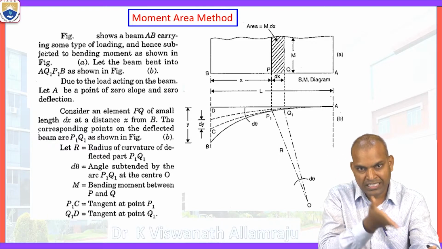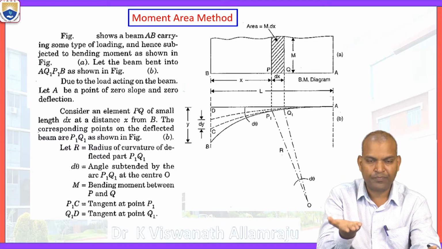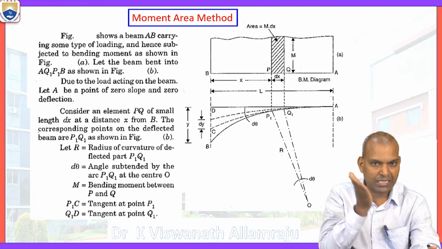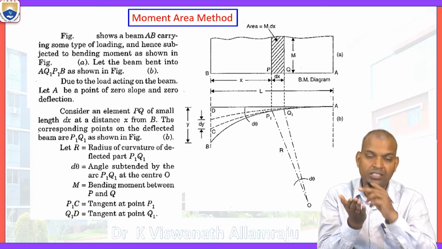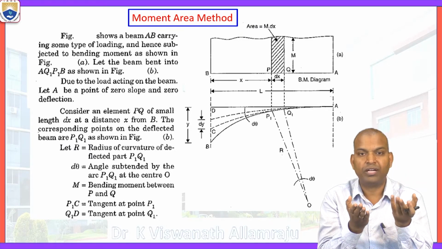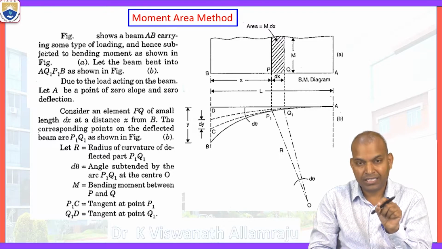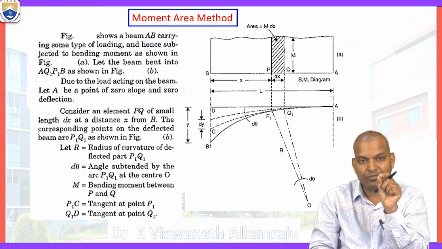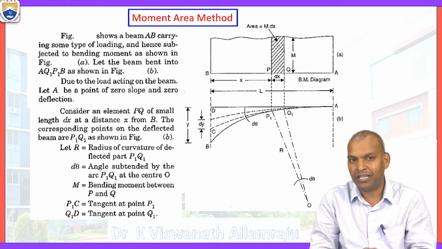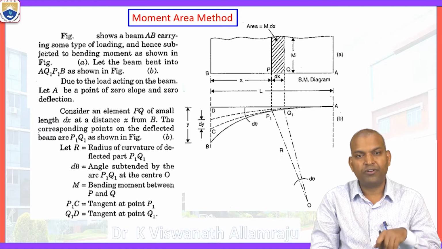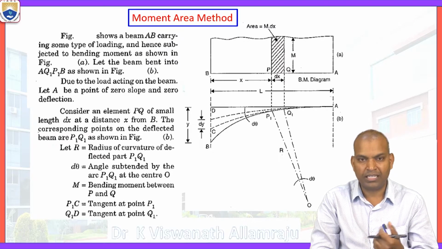If the bending moment is linear, when a point load acts on the beam, it is a triangular shape, with area base into height. So the critical point is that we have to calculate the area of the bending moment diagram. After that you substitute in the formula, and then we will get it.